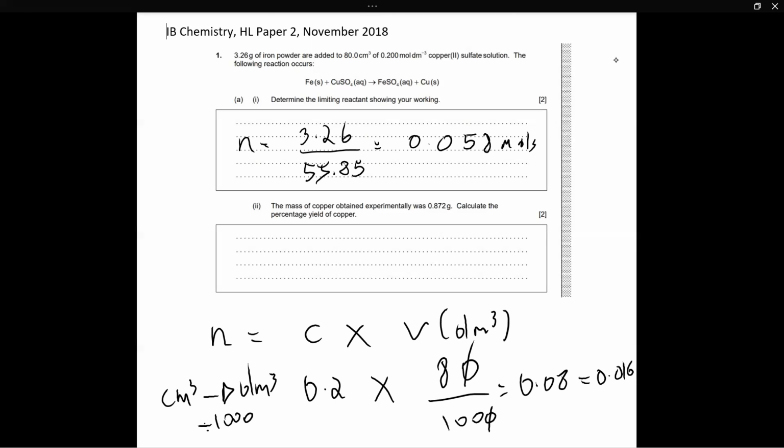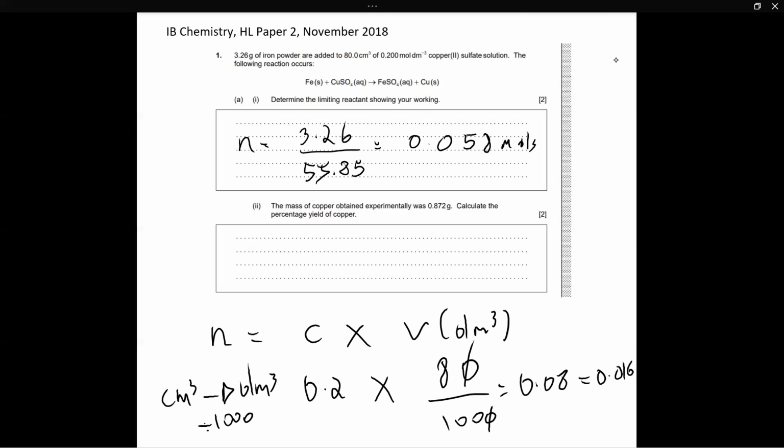Now, if we compare the number of moles of iron powder that we have to the number of moles of copper sulfate solution we have, we can see that the iron powder is in excess because 0.058 is more than 0.016. And that would mean that our copper sulfate solution is indeed the limiting reactant. It determines how much product can be formed.